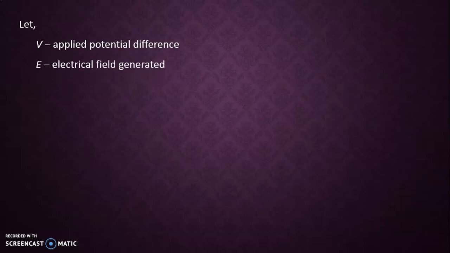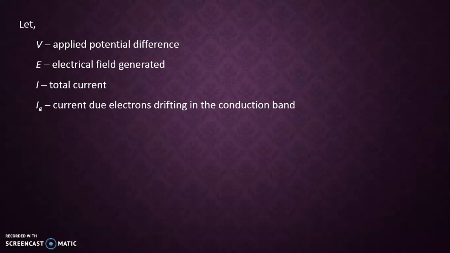So let V be the applied potential difference, E the electric field generated due to the applied potential difference, then capital I is the total current passing through the semiconductor, then I suffix E is the current due to electrons drifting in the conduction band, or in short we can say I suffix E is the current due to the electrons, then I suffix H is the current due to holes drifting in the valence band.